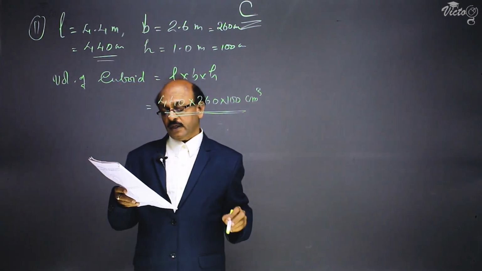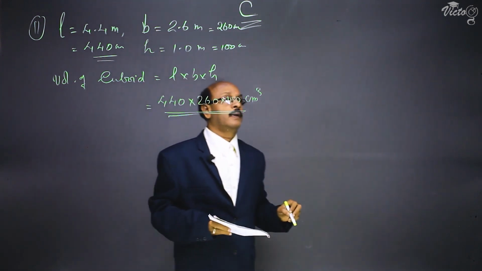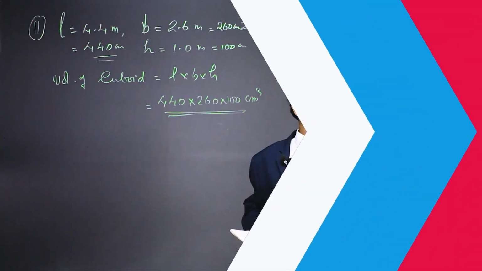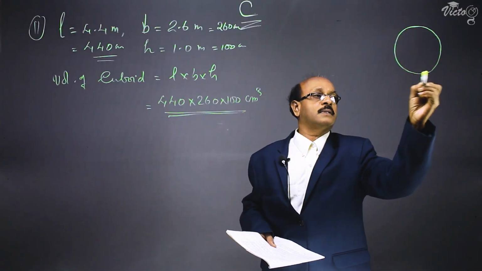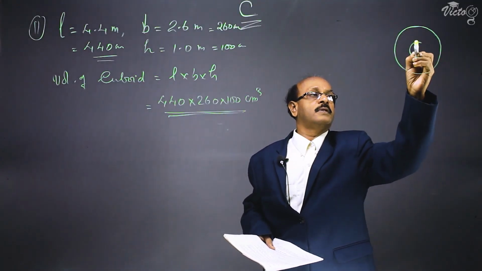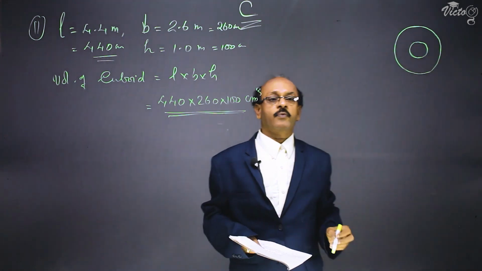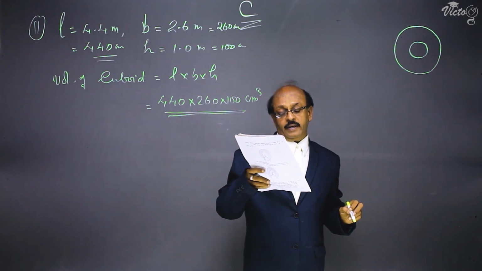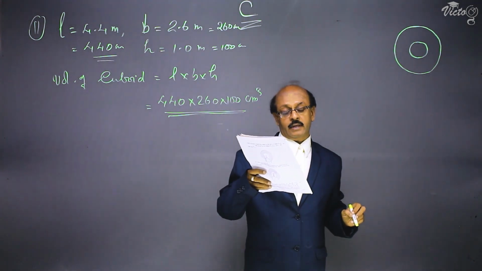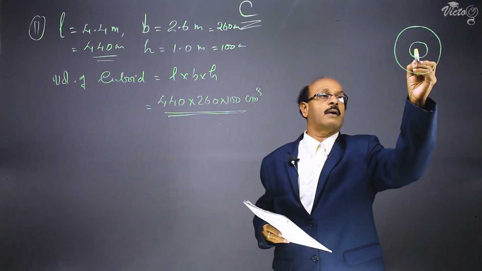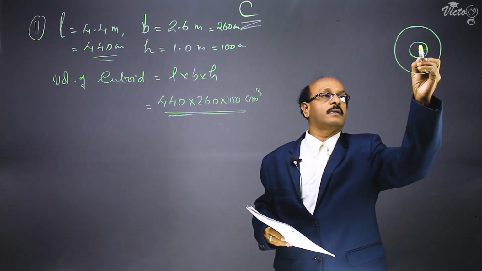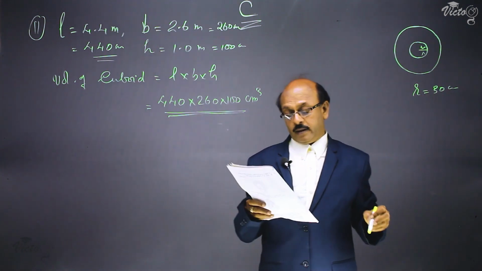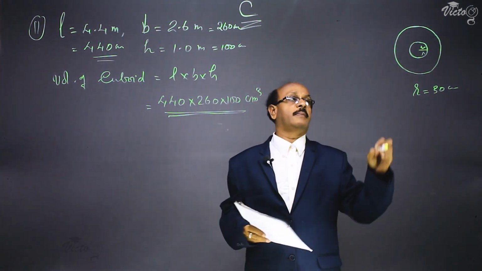Now, there is a cylindrical pipe. The shape of the base of the pipe is a circular ring. This is the base of the pipe. Inner radius is 30 centimeter, meaning small r is equal to 30 centimeter and thickness is 5 centimeter.